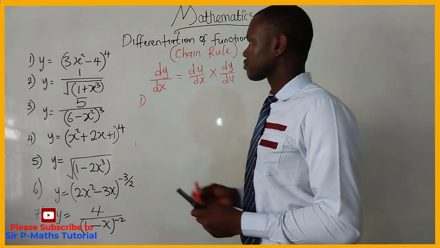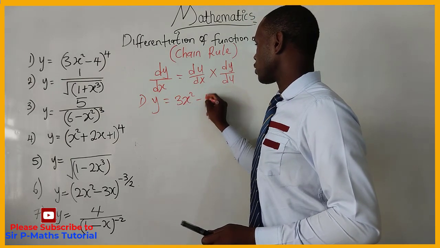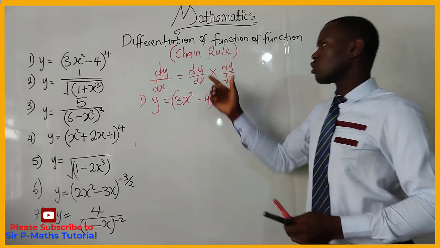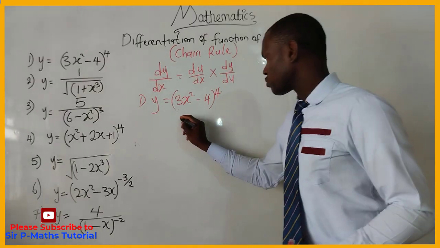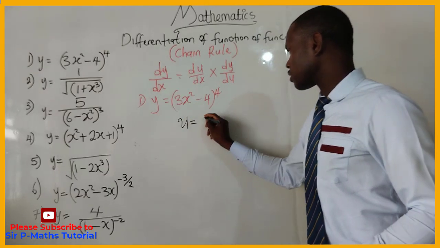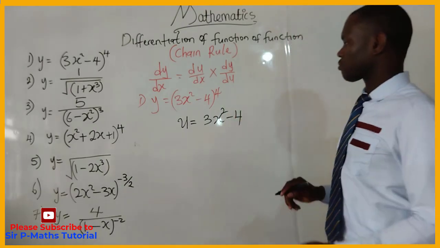For 1, I have y equal to (3x squared minus 4) raised to the power 4. The first thing I'll do is to obtain a new function out of this function. So I'll say u is equal to what I have inside the bracket, which is 3x squared minus 4.